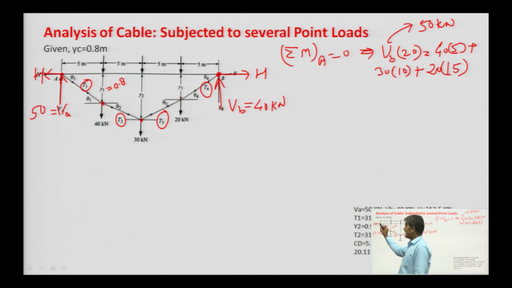Now, the value of H can be calculated if we apply the bending moment at this point.